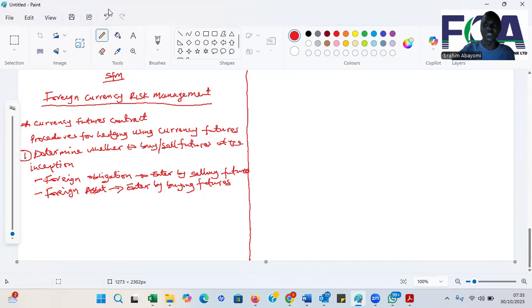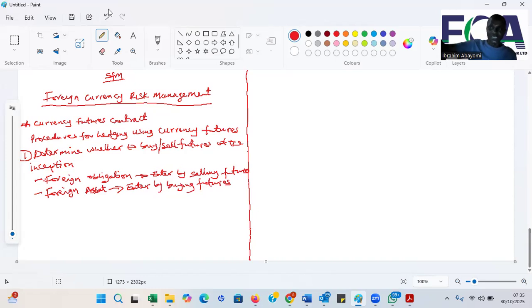Because your expectation is that the exchange rate will go down. If it does, the futures price is expected to go up, since there is an inverse relationship between futures and the spot exchange rate. So you buy the futures now, and if the exchange rate goes down, the futures price will go up. You can sell it and make a profit: the selling price minus the buy price.